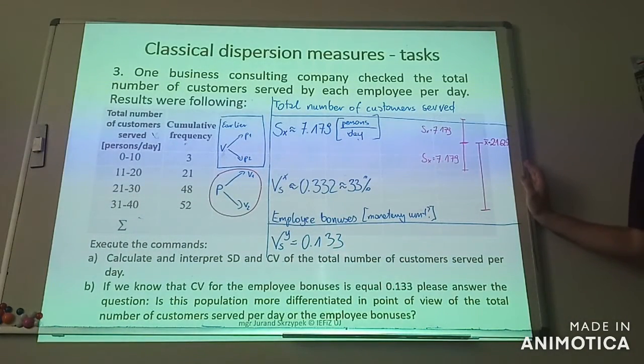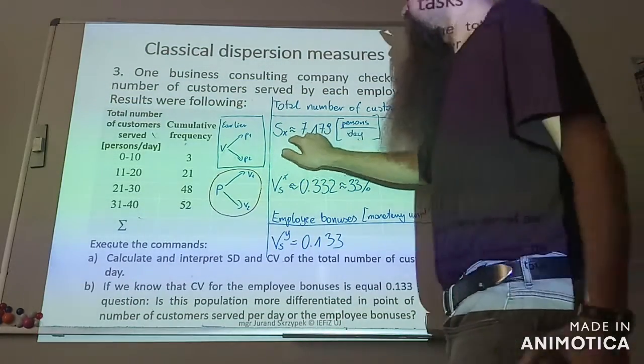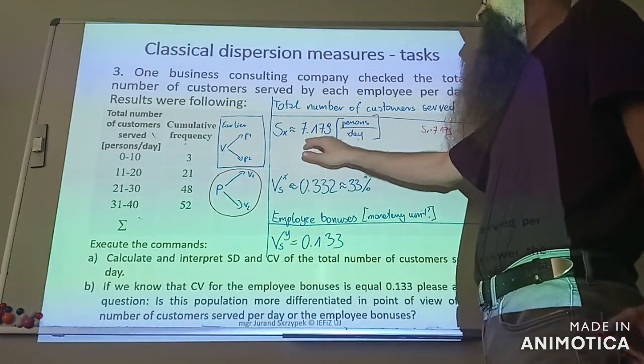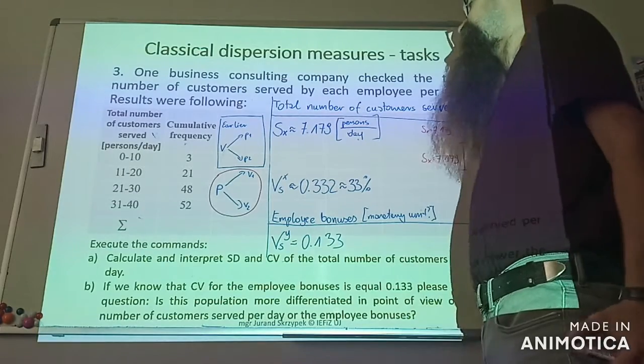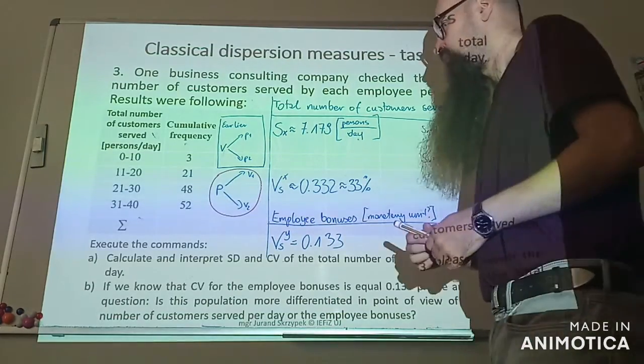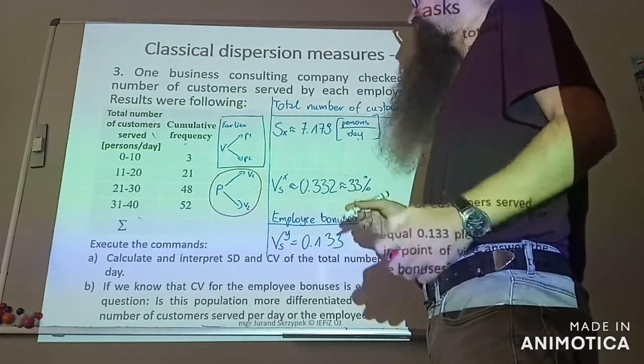Interpretation of the measures is just as important as the calculations, and therefore standard deviation of total number of customers served is around 7.179 persons per day. What does it mean? Please write it down.